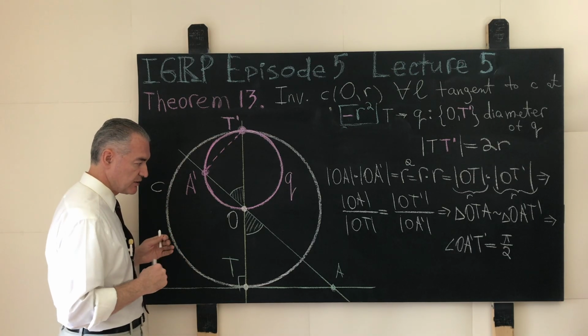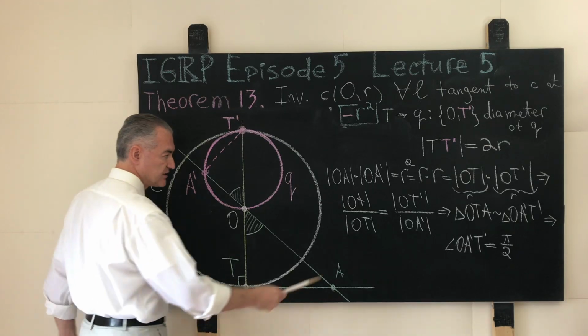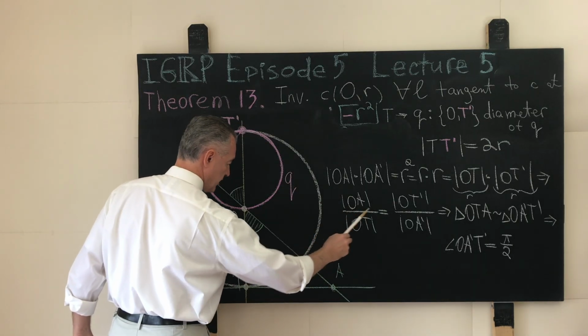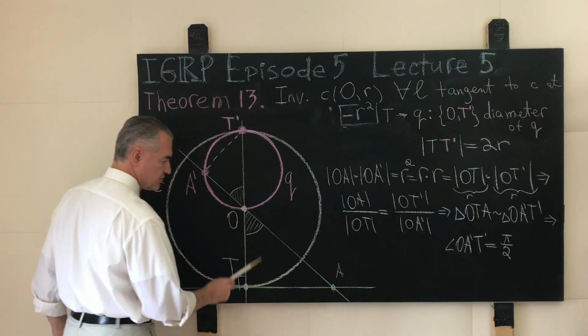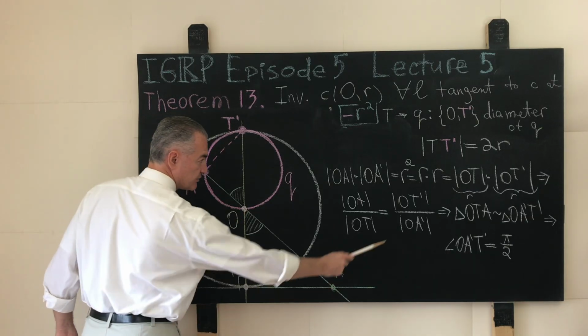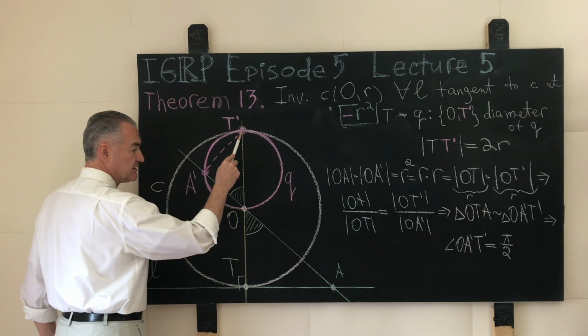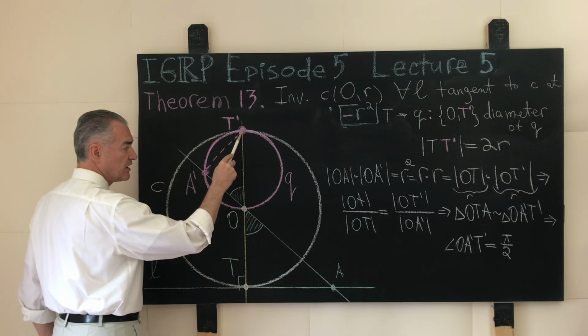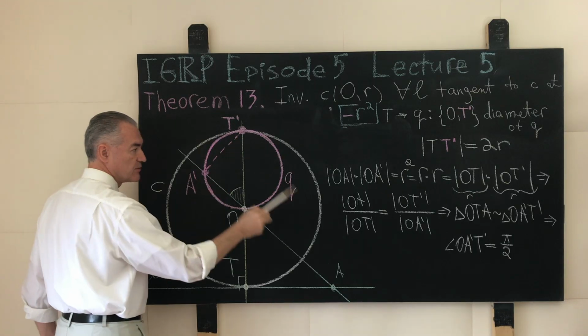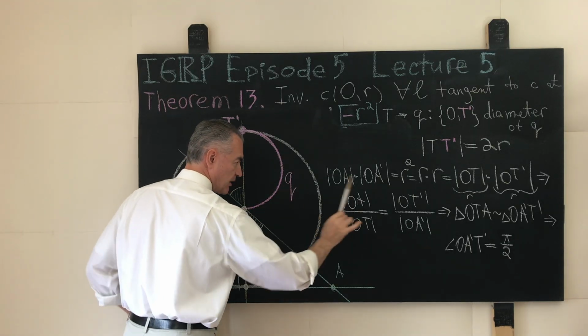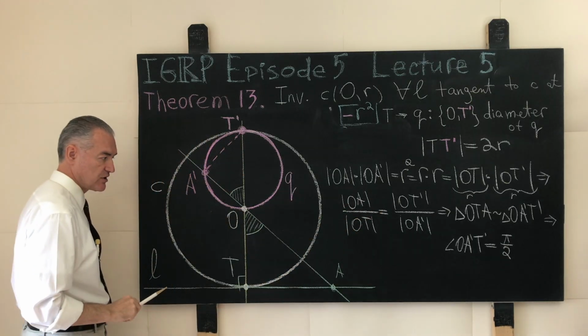So what are the corresponding sides over here? Well, the side OA in the triangle OTA corresponds to what? To the side OT in the triangle OA prime T prime, just by proportion. We read these correspondences off of the proportion that we constructed.